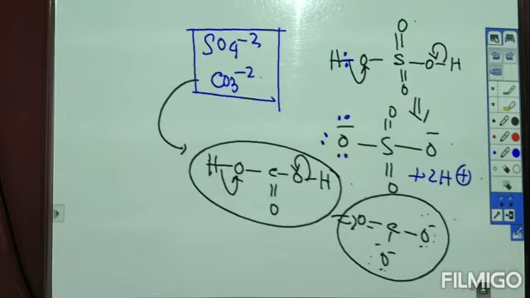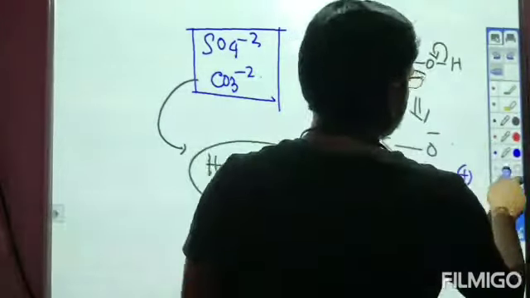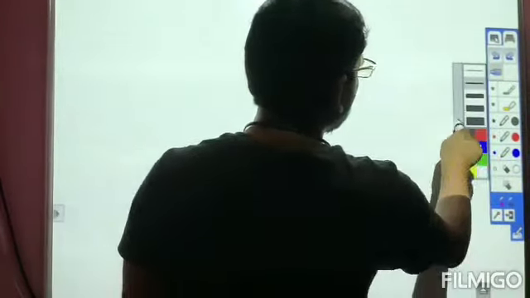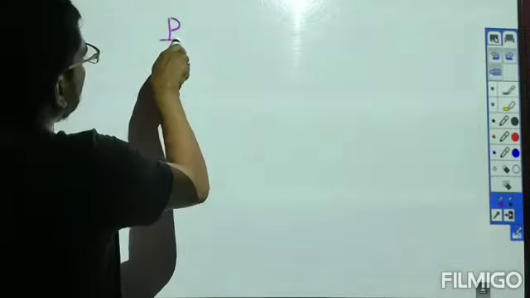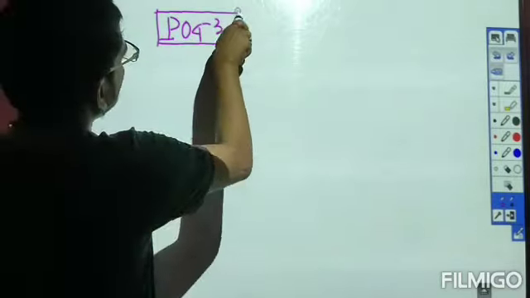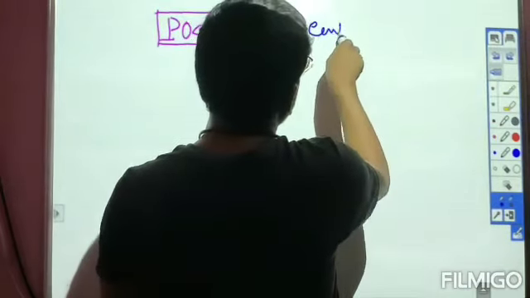Now let me show the Lewis structure of PO4 minus 3. PO4 minus 3. কি করব? প্রথম সেন্ট্রাল অ্যাটম কে?